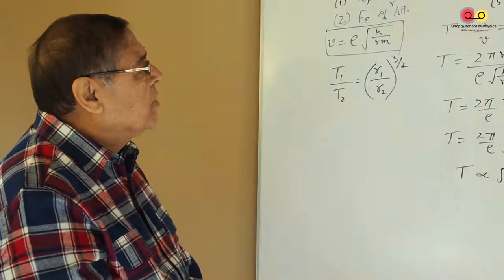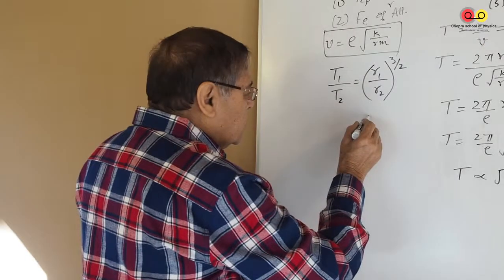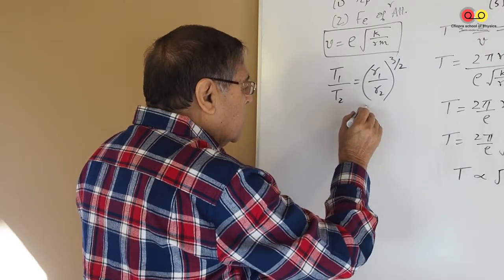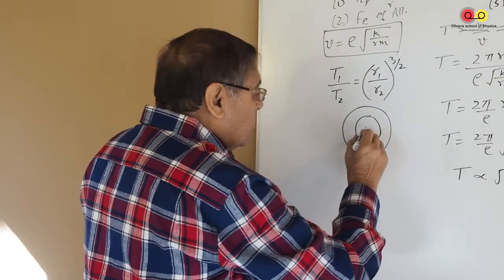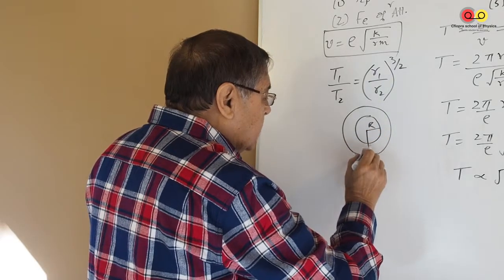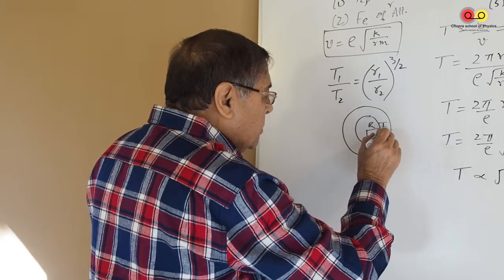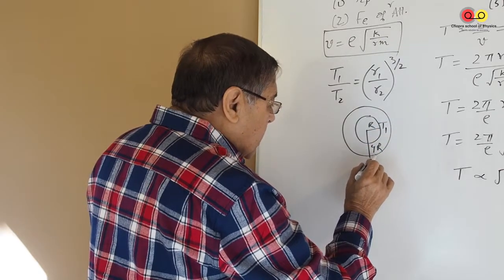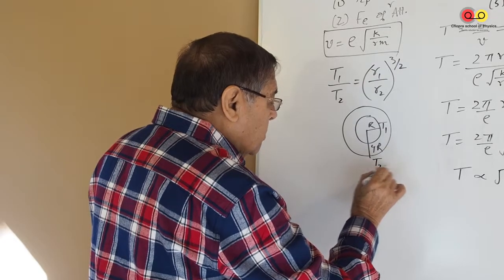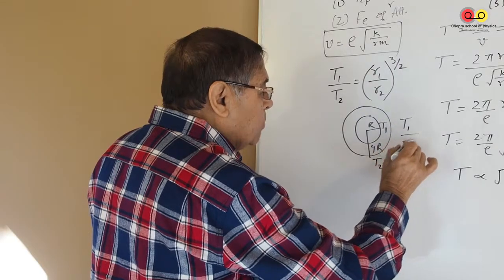Suppose there are two orbits like this. One has radius r and the other has radius 4r. The time period for the inner electron is T1, and for the outer electron is T2. Now our question is to find T1 over T2.